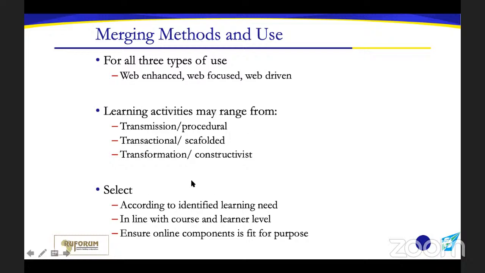So what you need to do is select what is the most appropriate. Is it in line with identifying learning needs, and in line with the course and the learner level? And also ensure that online components which fit the purpose are available for you to use.